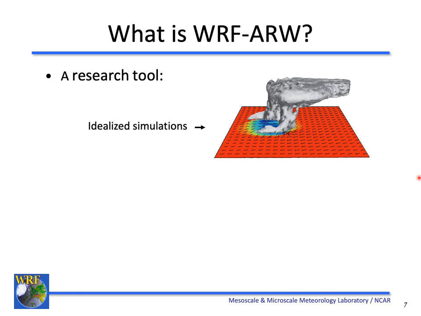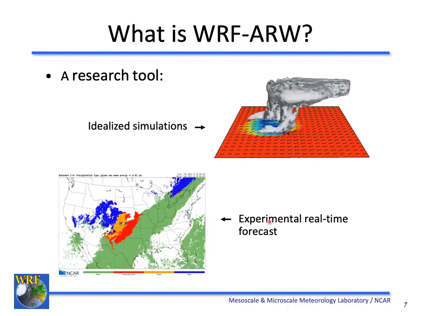The model can be used to study atmospheric phenomena using idealized initial conditions. This picture depicts a three-dimensional simulation of a supercell thunderstorm. The model can be used for experimental real-time forecast. This picture shows precipitation types from an ensemble forecast.